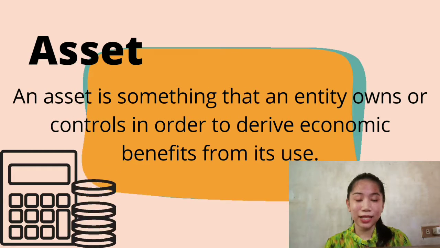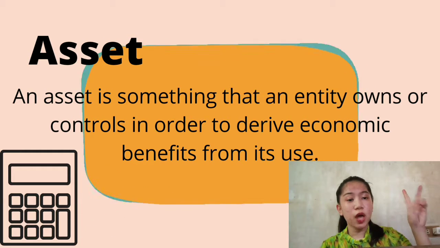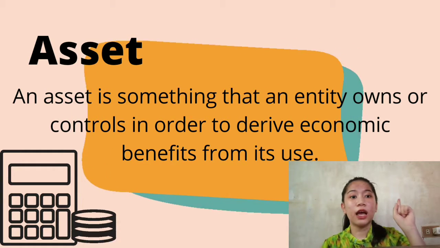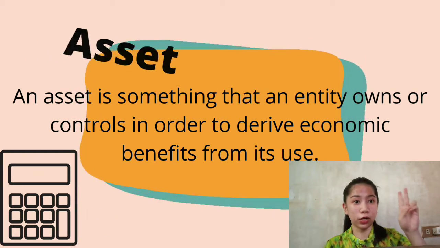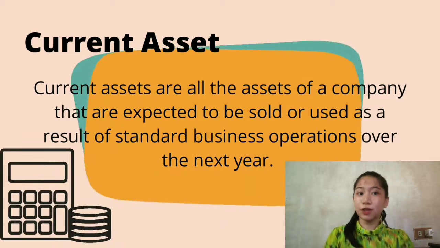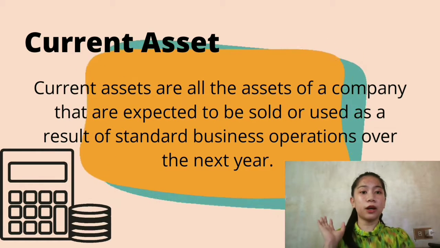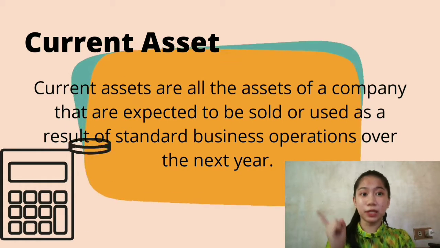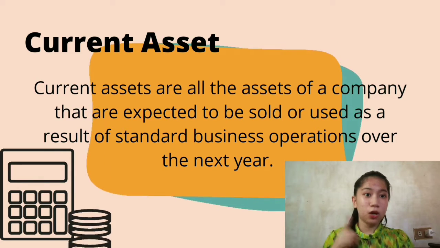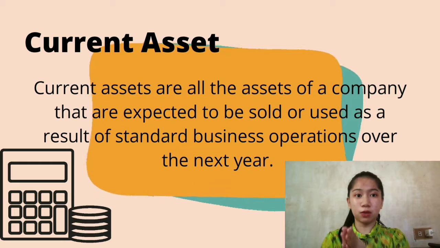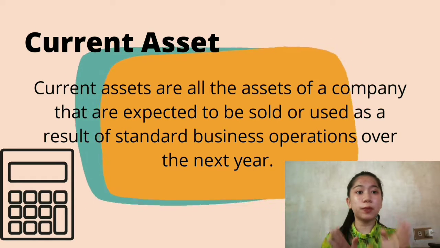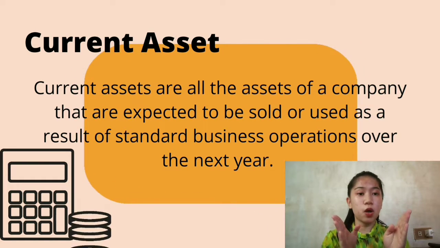So an asset is divided into two. The first one is the current asset and the second one is the non-current asset. Current assets are all the assets of a business, company, or entity that are expected to be sold or used within a year.